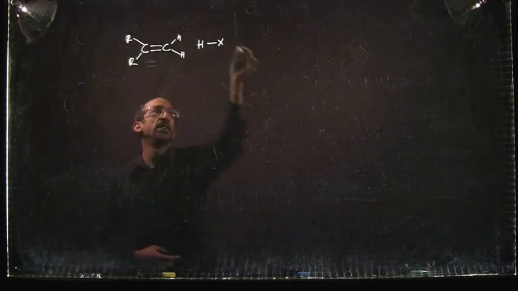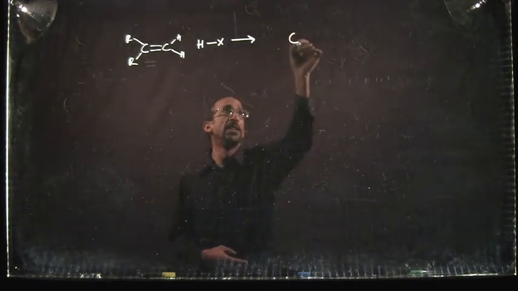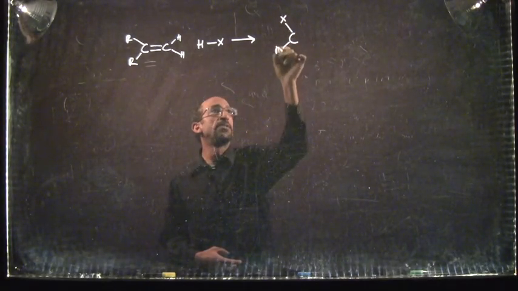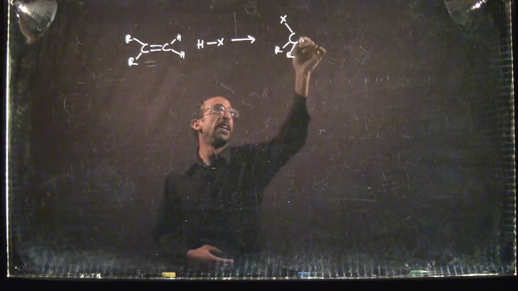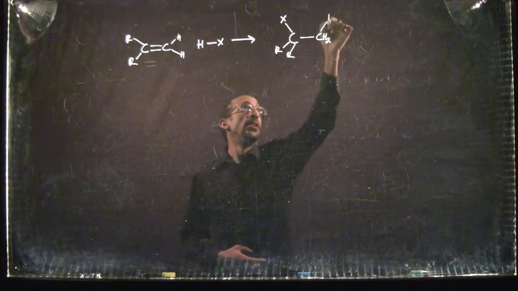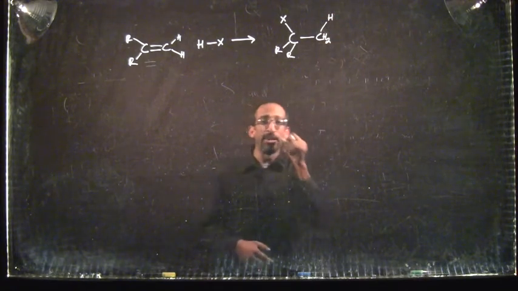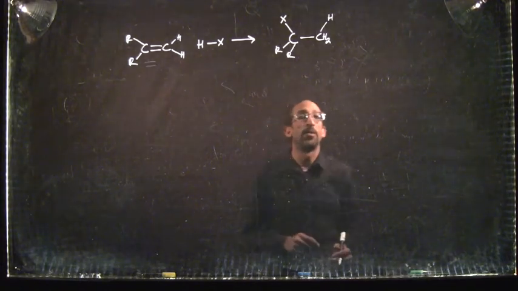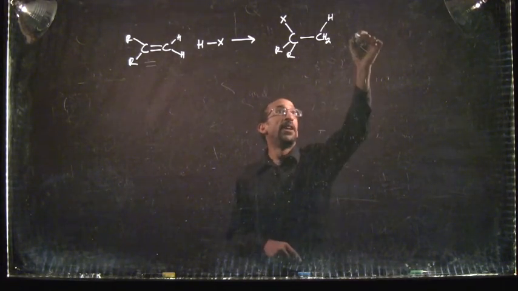Here now, I'm not going to do full arrow pushing. I'm just going to show the final products. So here we have added X to our more substituted carbon, and we've added the H to our less substituted carbon, i.e. we have added such that the most stable carbocation would form, right?